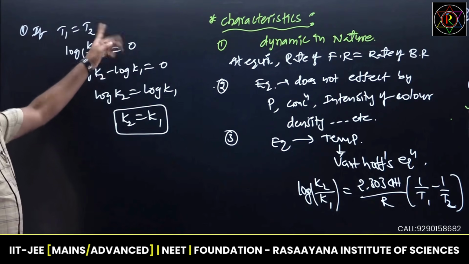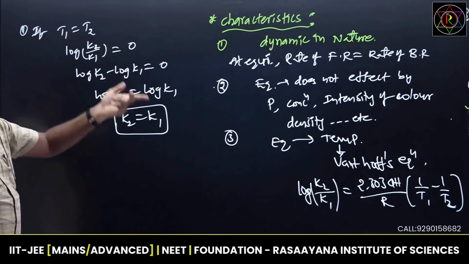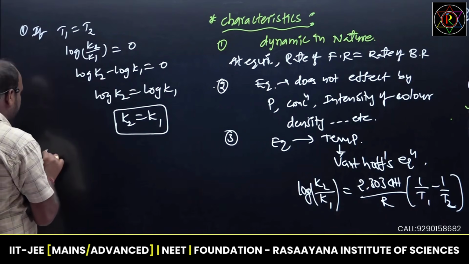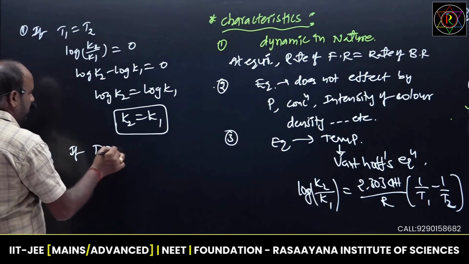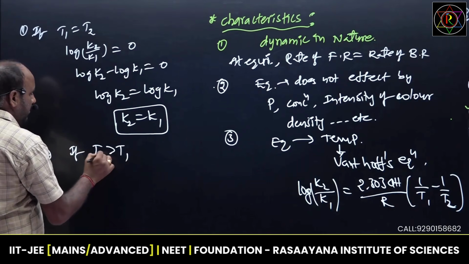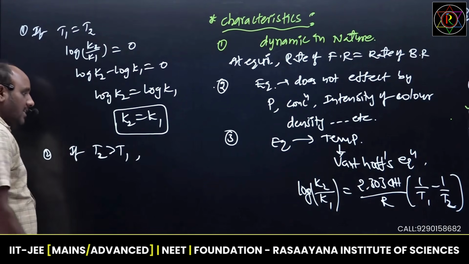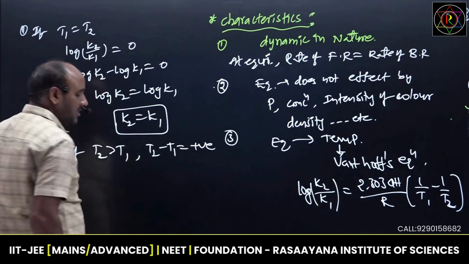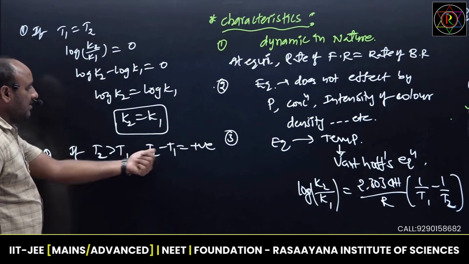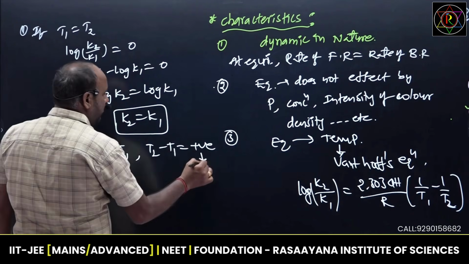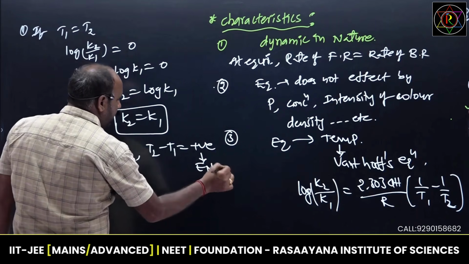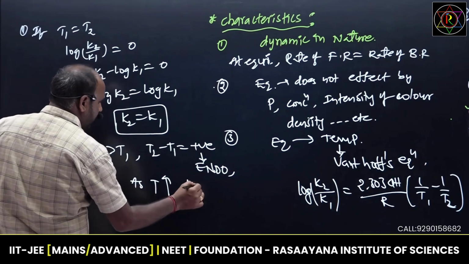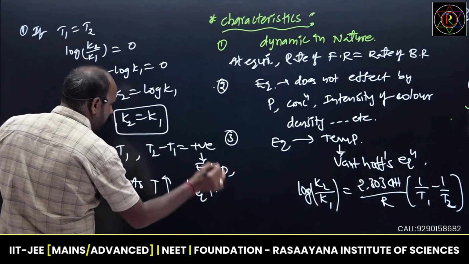When temperatures are the same, the constants are equal. If there is a temperature difference, consider T2 greater than T1. Then T2 minus T1 is positive, which means an endothermic process. For an endothermic process, as temperature increases, the equilibrium constant also increases.